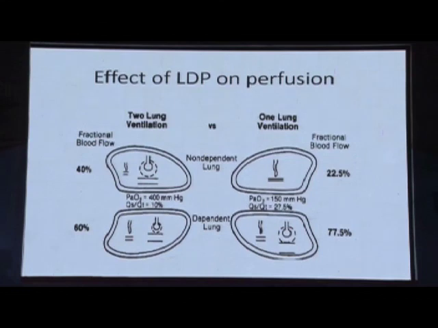And the ventilation will change depending upon spontaneous versus mechanical ventilation. In spontaneously breathing patients in a lateral decubitus position, you have more ventilation here and more perfusion here. Whereas in a mechanically ventilated patient, you have more perfusion here and more ventilation going to the top.